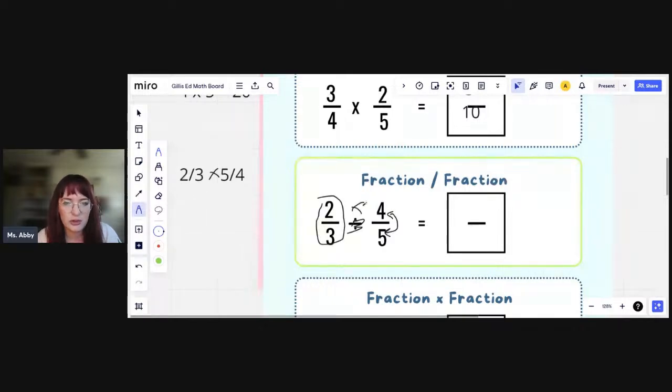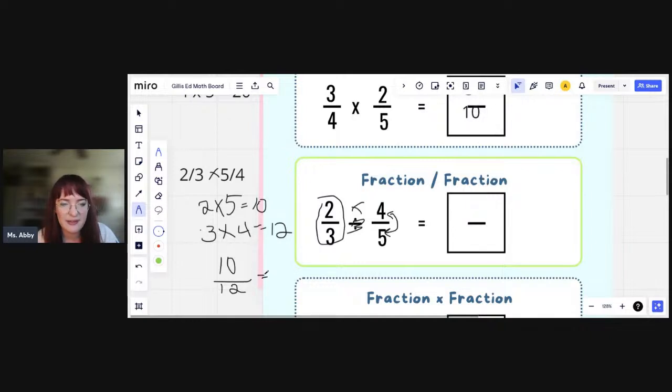So 2 times 5 equals 10. And then we're going to multiply the denominators now. And we're going to do 3 times 4 equals 12. So we have the fraction 10/12. However, we know we can simplify this still.